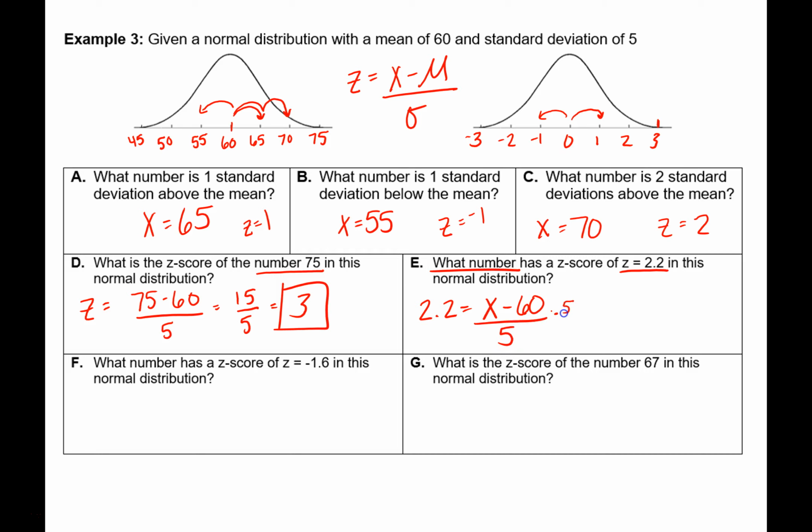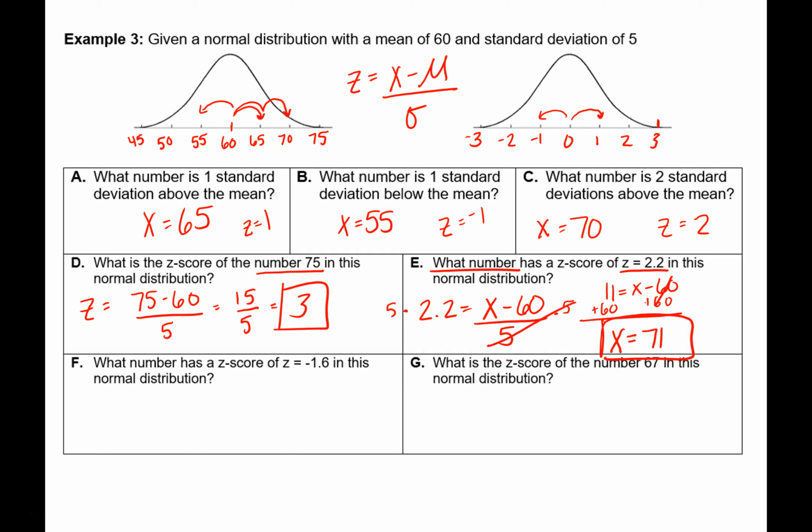So I'm going to multiply both sides by 5 first. That's going to give me 11 is equal to x minus 60. Then I'm going to add 60 to both sides. And I know that x is equal to 71. So I was able to find that x value that corresponds with a z-score of 2.2.